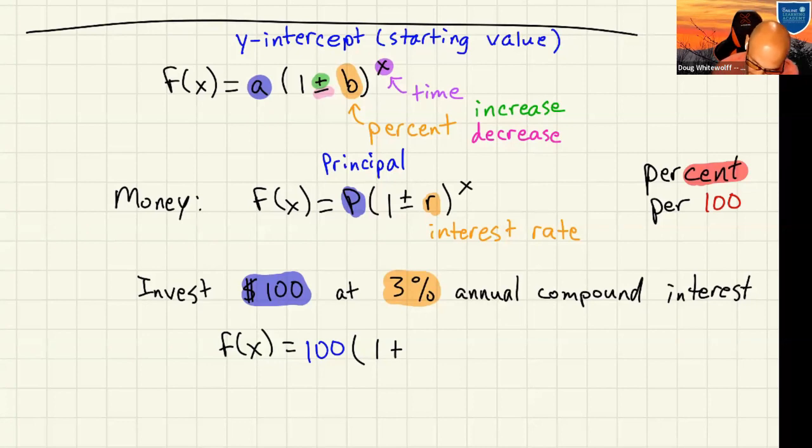In the case of 3%, it's saying 3 100ths. A cent, remember, is like a penny, and there are 100 pennies in a dollar, per cent. So in this case, it'll be 0.03, and then to the power x.